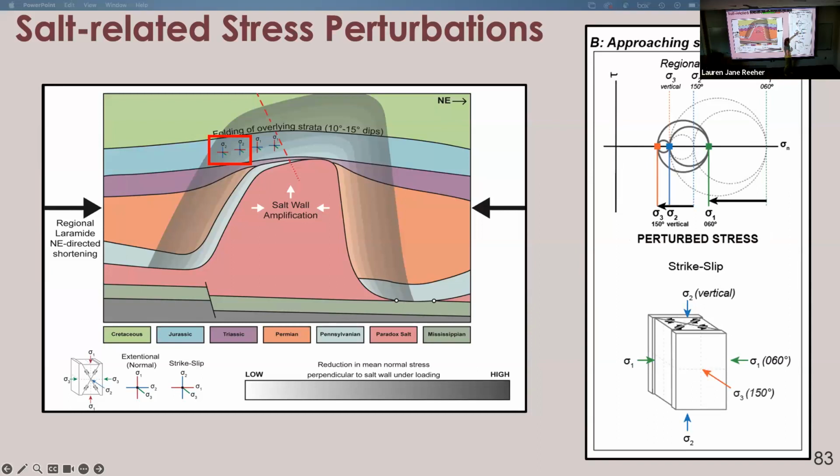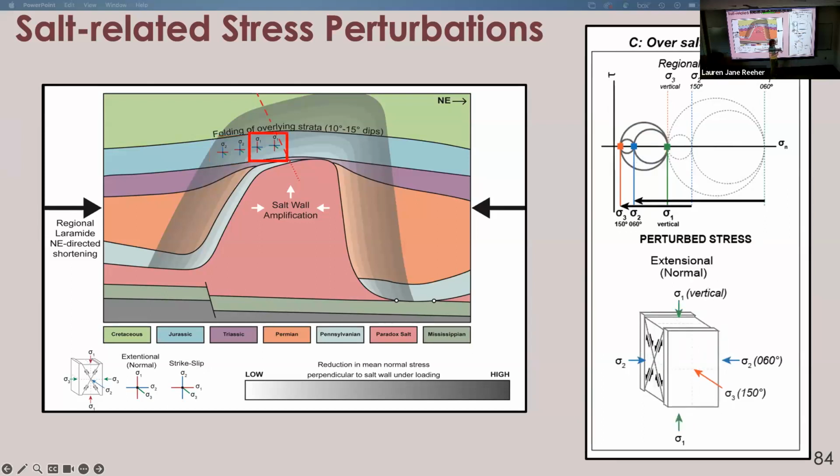But it's reduced enough to locally change from sigma 2 to sigma 3. Sigma 3, which is just burial or loading, remains the same, but it changes to sigma 2. This change in stress magnitudes flips the stress regime from that far field shortening to locally strike slip.